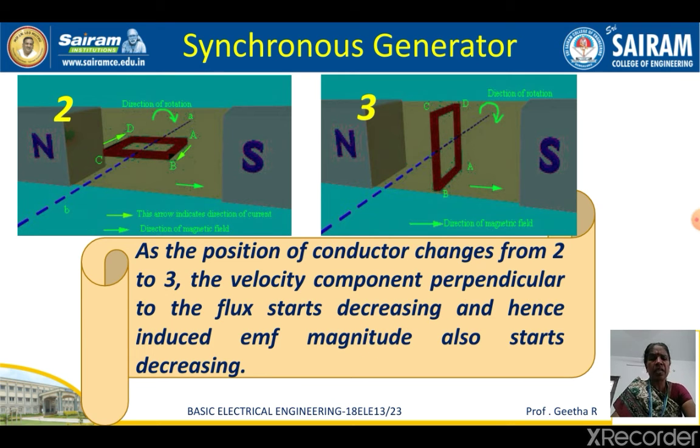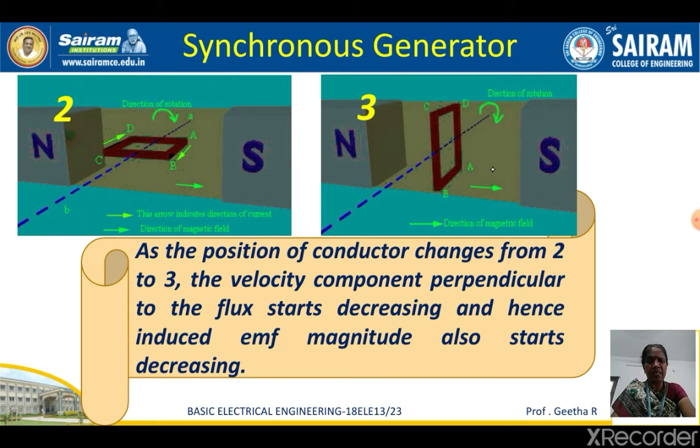As the position of the conductor changes from position 2 to position 3, again it is similar to position 1. The velocity component perpendicular to the flux starts decreasing. When it was in position 2, the velocity component was perpendicular to the flux. As it rotated further, that perpendicular component starts decreasing.